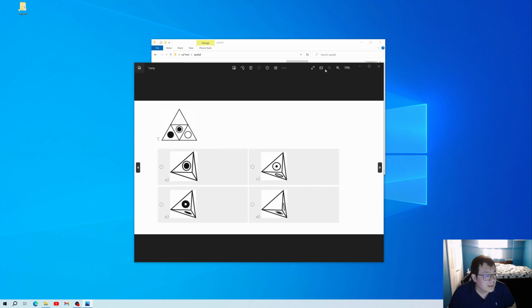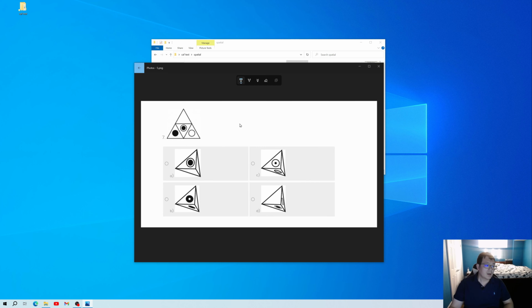Okay, so this one is going to be a little bit hard. The first thing we want to eliminate is this one. Why? Because you see, one, two, you got two blank triangles, which we don't really have. We only have one triangle here. So this one is no. This one is no because we got a black dot with a blank hole in it, like a donut.